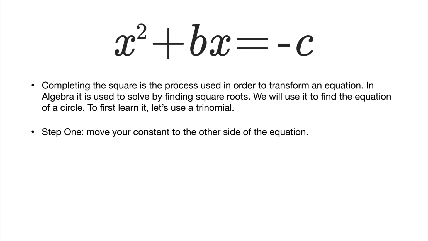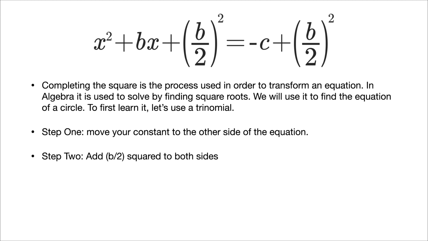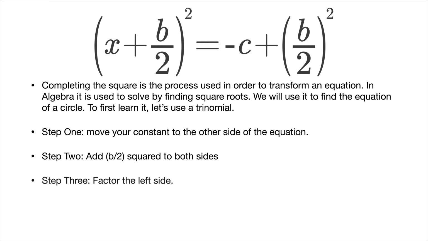So we take the b value and divide it by 2, so x squared plus bx plus b over 2, and we square it. Since we added it to one side of the equation, we have to do it to the other. Then we just factor, and this ends up being x plus b over 2 squared each time. And that's really about it.